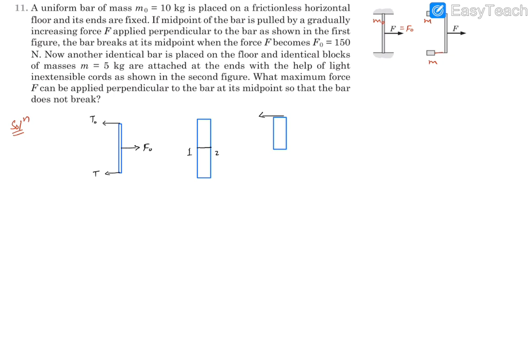Let's call it T naught. So 2 T naught is going to be equal to F naught, so T naught will become F naught by 2. And you'll find that this F naught will be shared in the 2, so this will be acting on this as well. So here also F naught by 2 is acting.